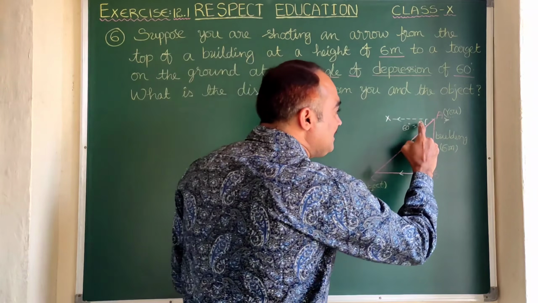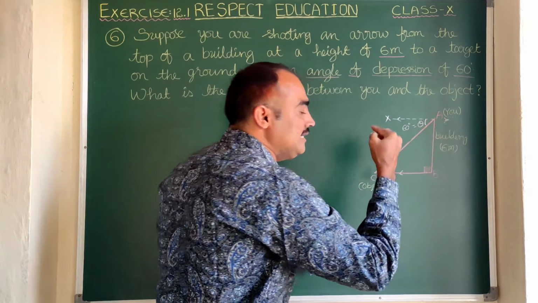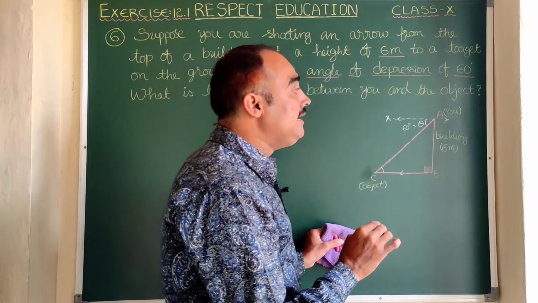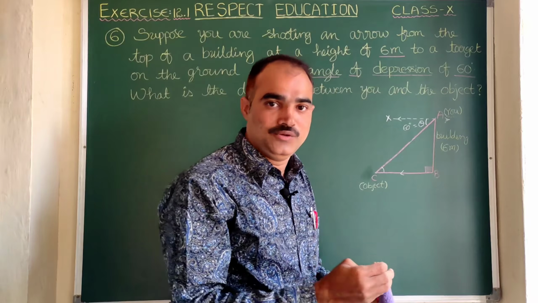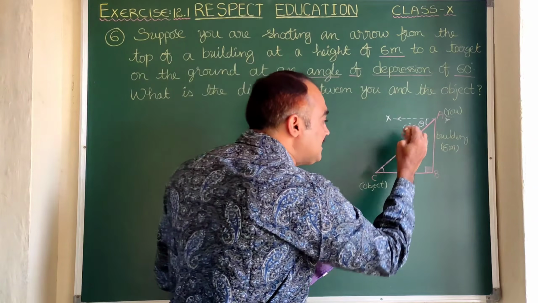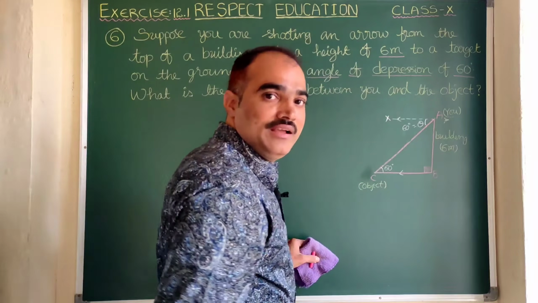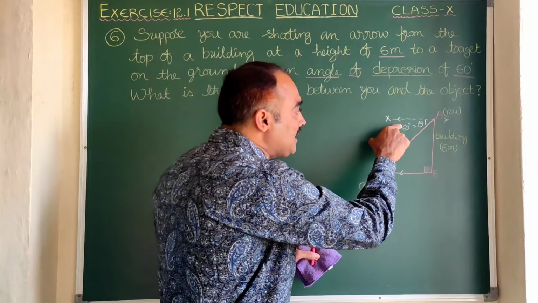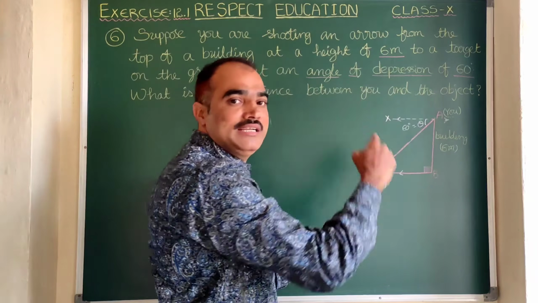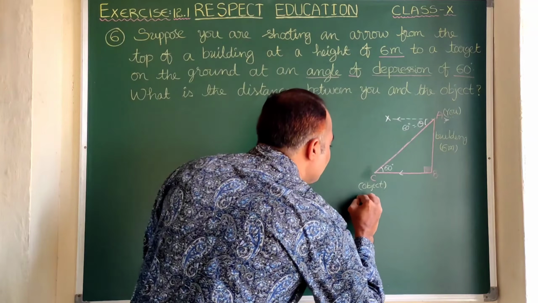Then angle A and angle C are called interior alternate angles. As we know, if two lines are parallel, interior alternate angles are equal. So this 60 can be brought here. Clear? Now the angle of depression, we made it the angle of elevation. Right? Now here let us write.